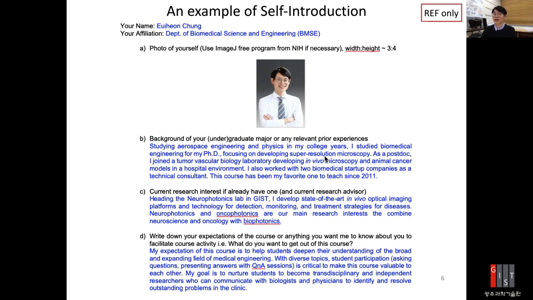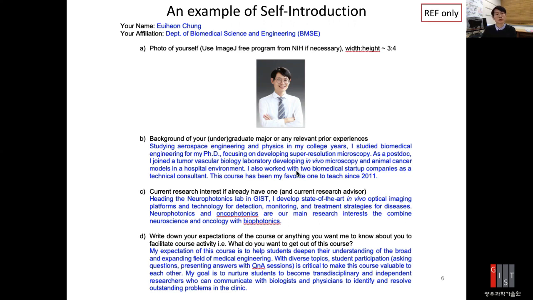During my postdoc, after my PhD, I joined a tumor vascular biology laboratory, which was more serious work, developing a cancer model with animals and using in vivo microscopy in a hospital. I was working on tumor metastasis, especially breast cancer metastasis to the brain, which is becoming a more and more important, difficult problem to solve in the clinic.